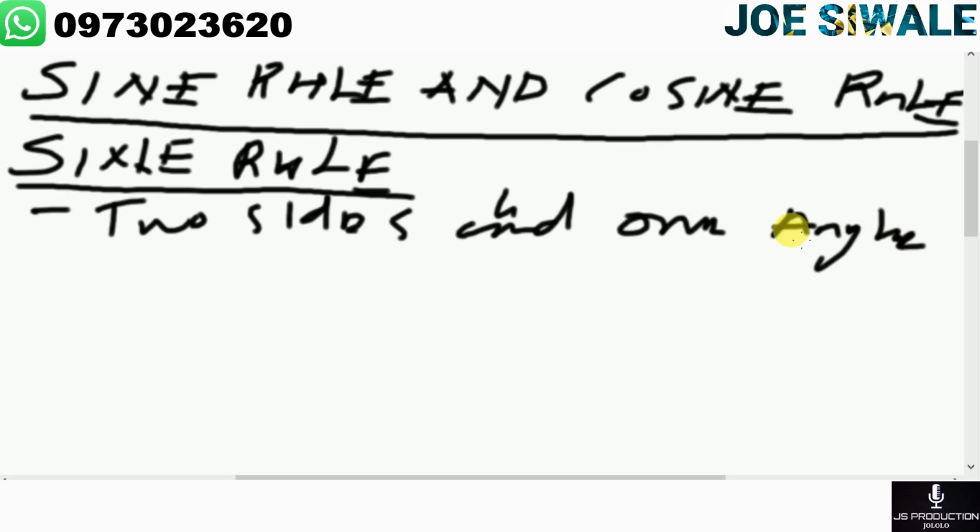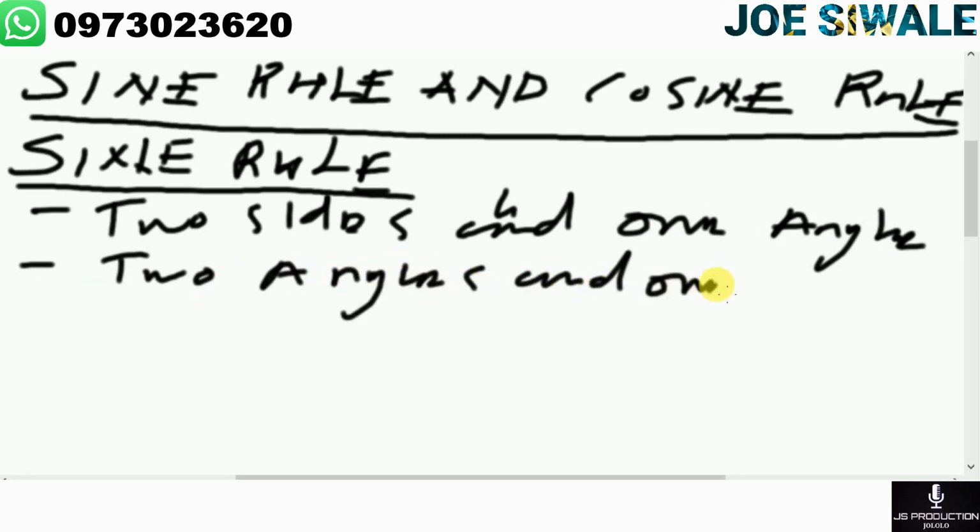Or you use the sine rule when you have been given two angles and one side. But it also depends on the side that you have been asked to calculate, or the angle that you have been asked to calculate. It depends on the question. That's when you're going to use the sine rule.